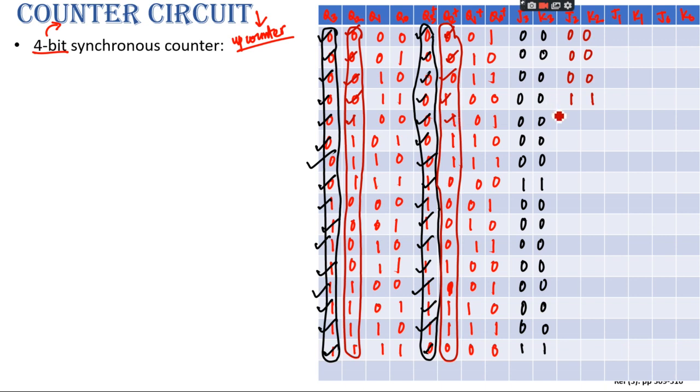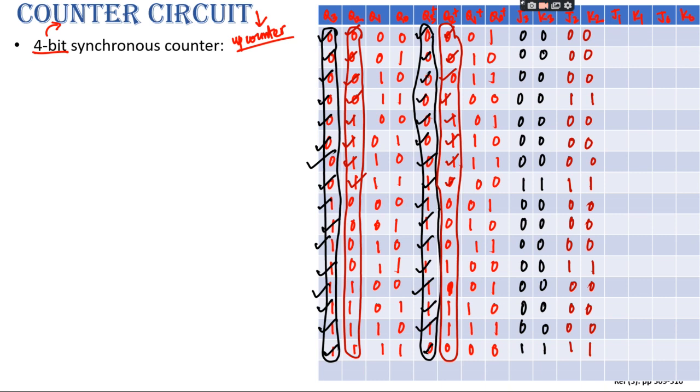Then 1 1 again no change, then 1 1 again no change, then 1 1 again no change, then 1 0 means it's changing. So if you see, after 3 zeros, here comes the toggle. So for the rest of the scenario, after 3 0s it should be 1 1, again after 3 0s it should be 1 1.